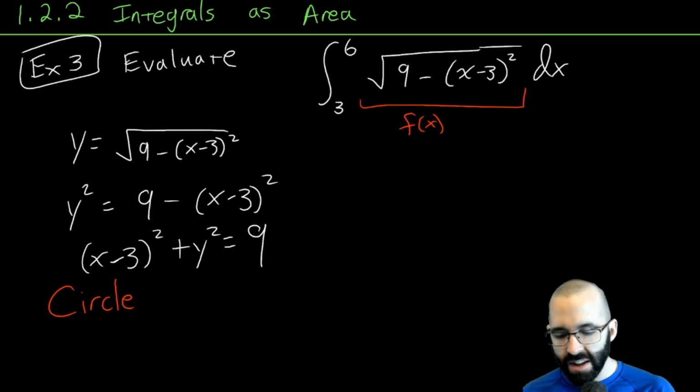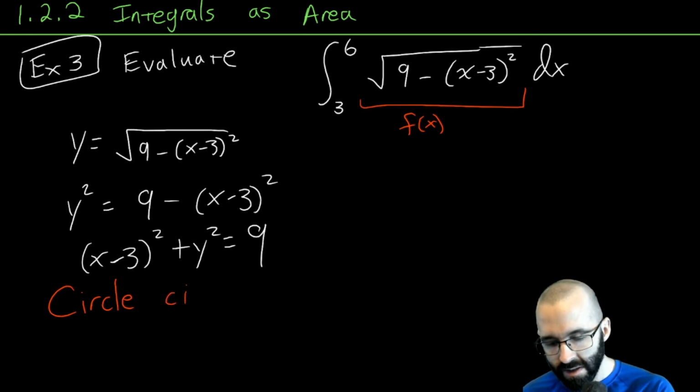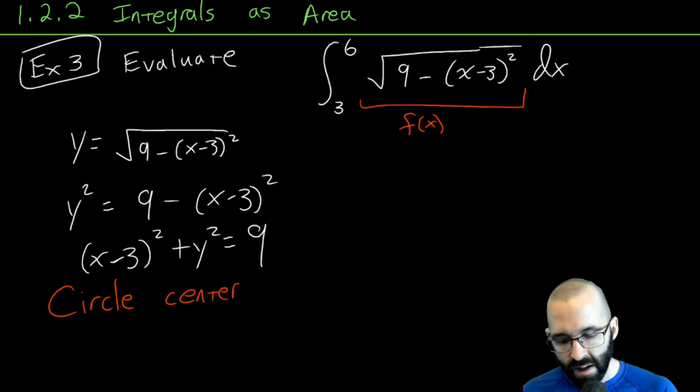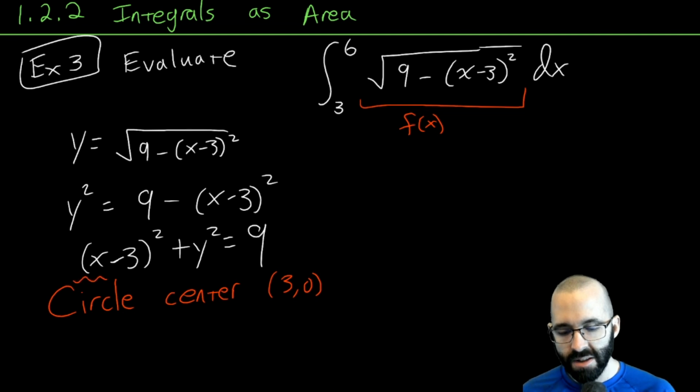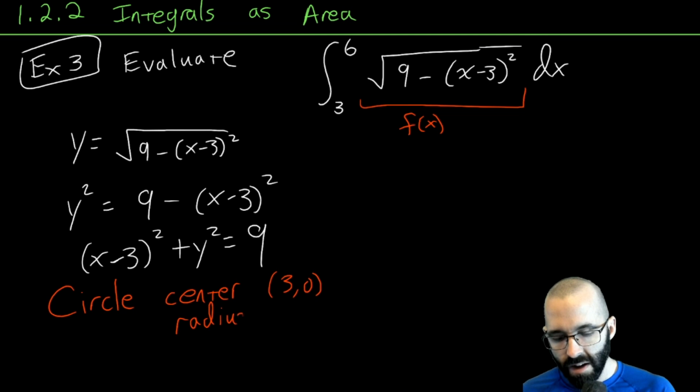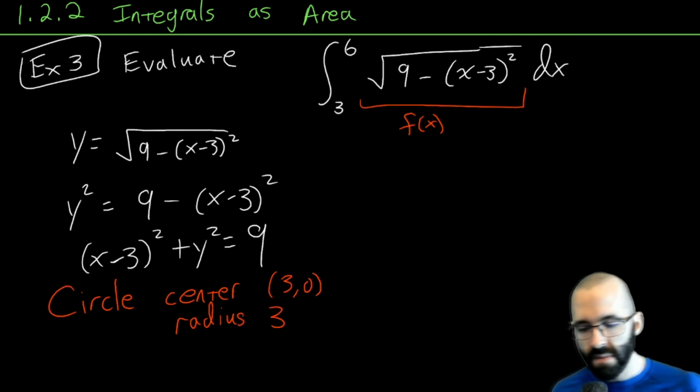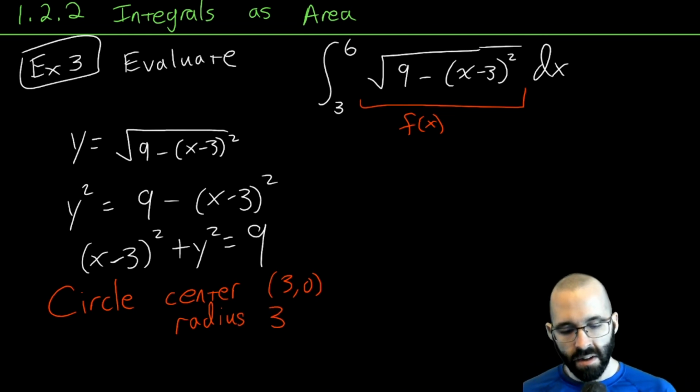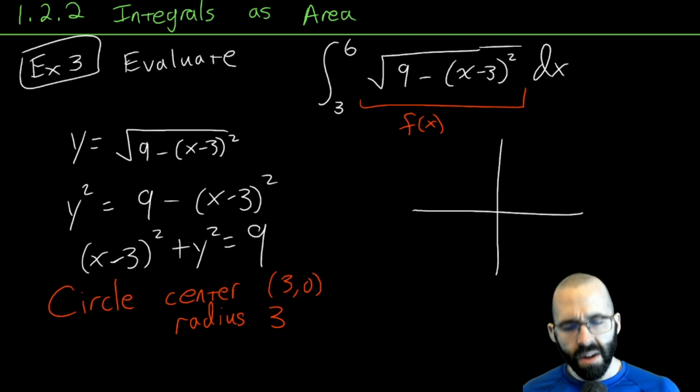And specifically, this is a circle with center (3, 0). Remember, this means it's shifted right 3 units. And radius of 3. So let's graph our function. Now, they're not entirely the same, right?